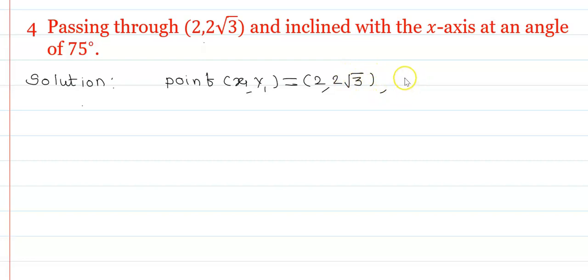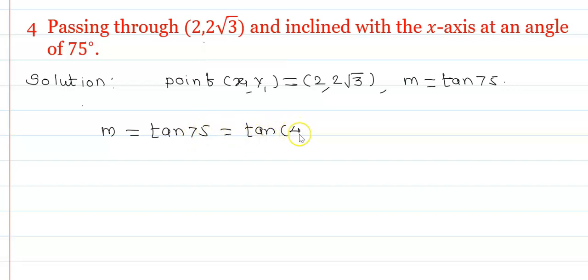Now we'll find out the slope. m equals tan of 75 degrees. Okay, it's a value. m equals tan of 75, which means what?